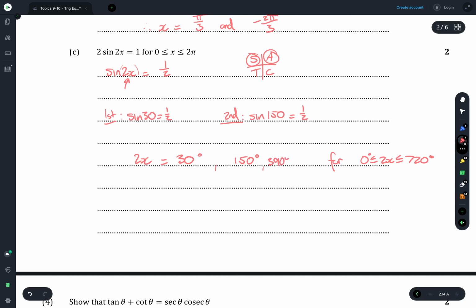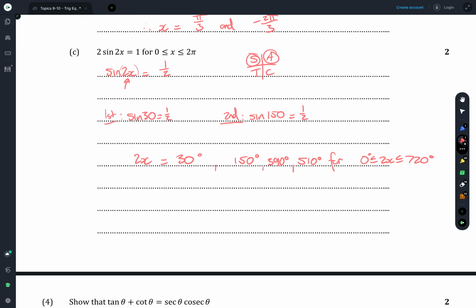So we have 390 degrees and we have 510 degrees. Each of these came from 390 being just 30 plus 360, and 510 being just 150 plus 360. The reason we need to do that is because even though 390 and 510 are greater than 360, we've found this for 2x.